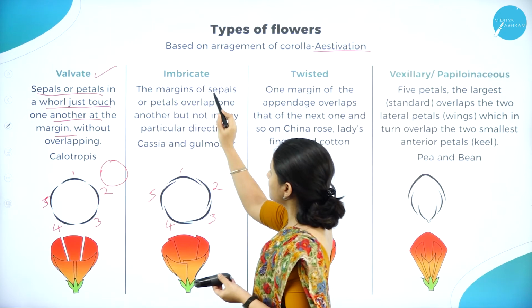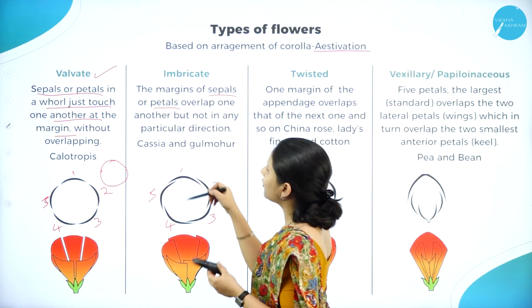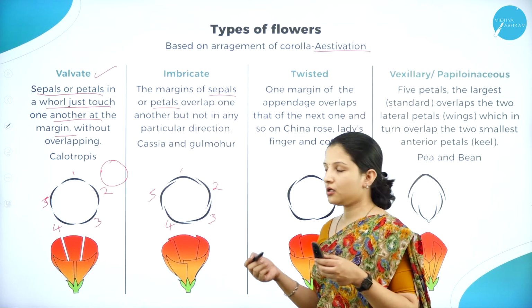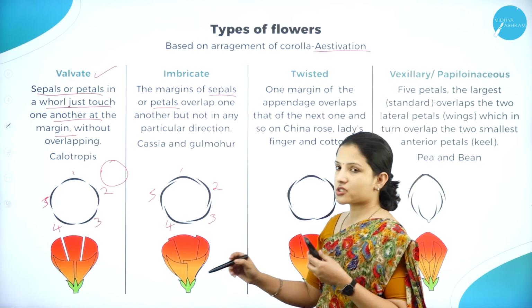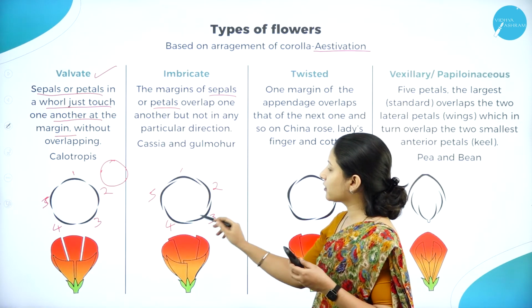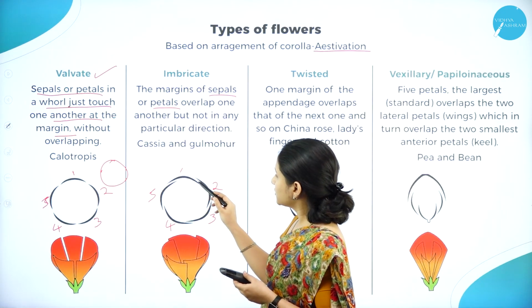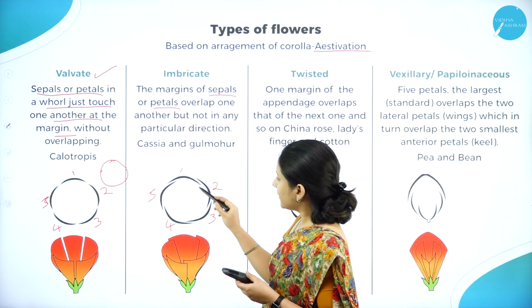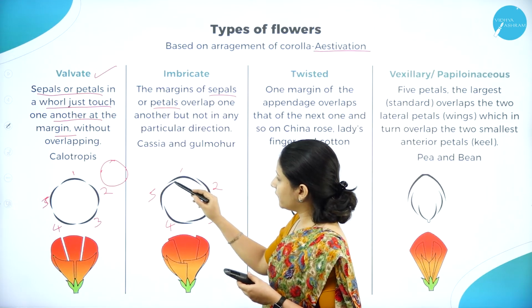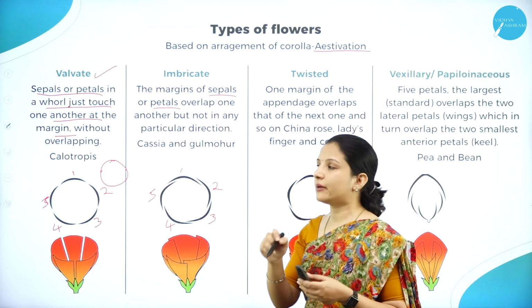Here the margins of the sepals or the petals overlap with one another, but in one particular direction they will overlap. That is, here in clockwise direction overlapping will take place. Not like this will overlap and then somewhere this will overlap on top of this. No, it is in clockwise overlapping will take place.